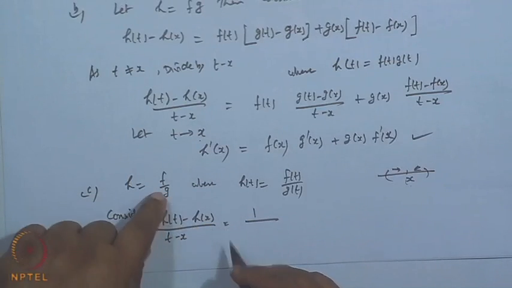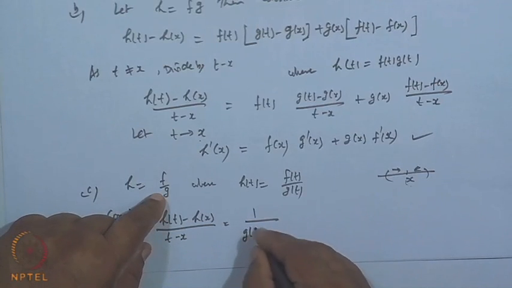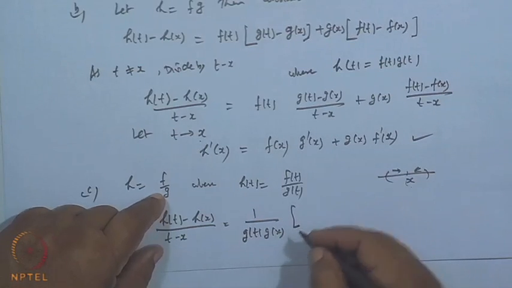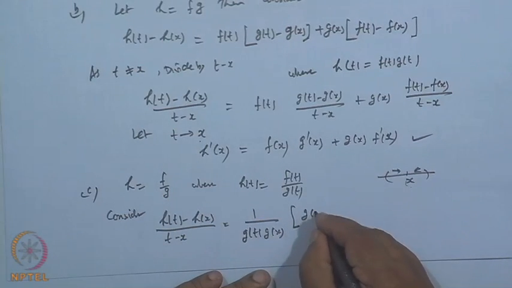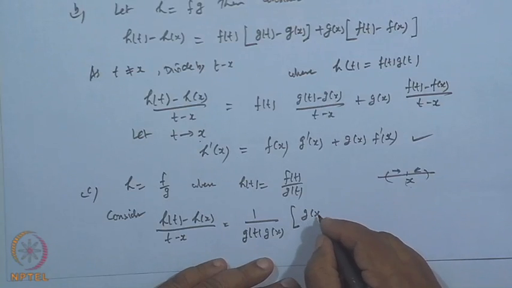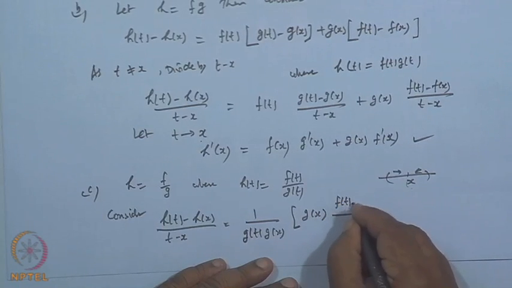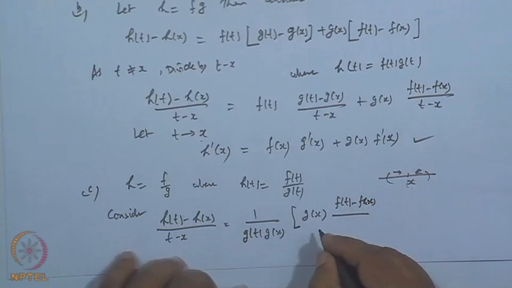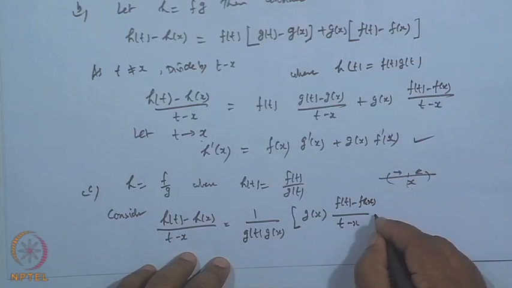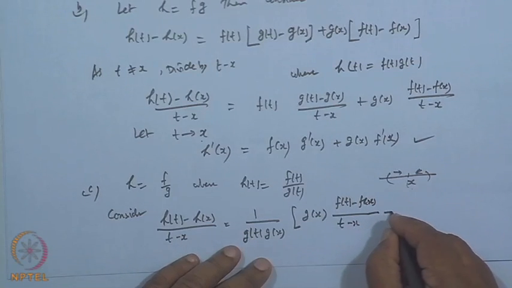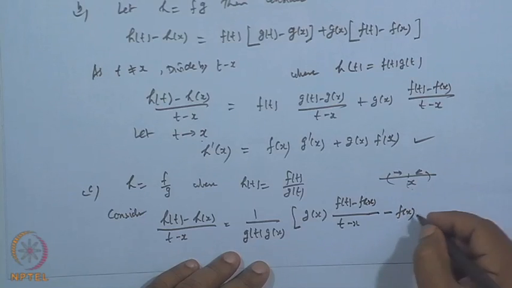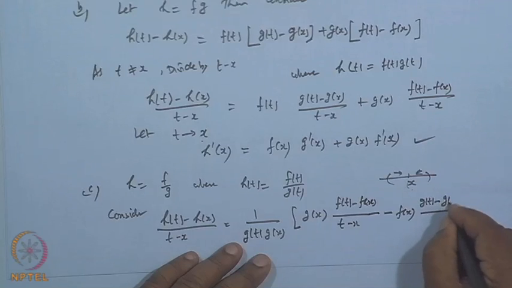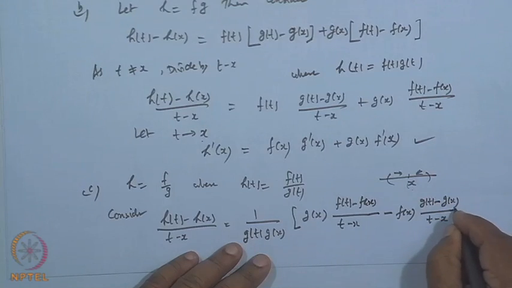When you take the LCM, you are getting g(t) g(x) outside, and inside we are getting g(x) into [f(t) minus f(x)], and this t minus x take it here, then plus minus f(x) into [g(t) minus g(x)] divided by t minus x.